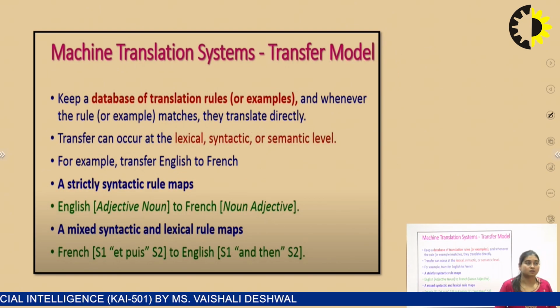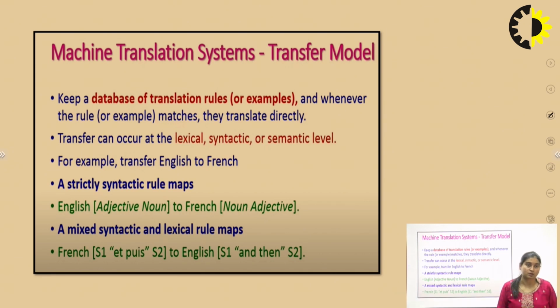Next we have the machine translation, this is a continuation of MT systems. It keeps a database of translation rules. For example, the translation rules can be examples.